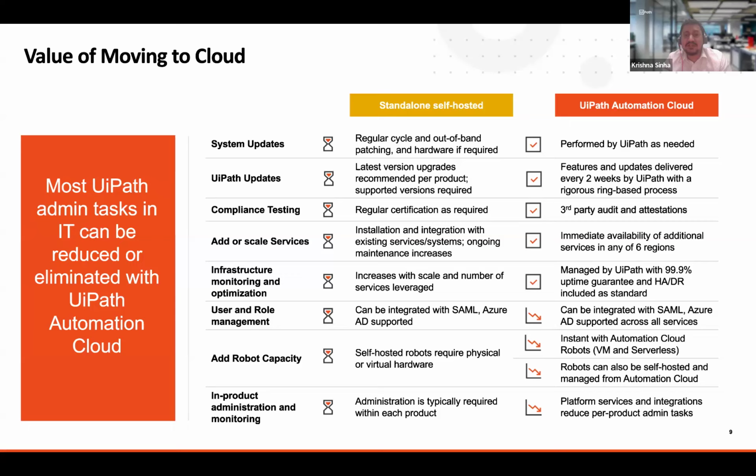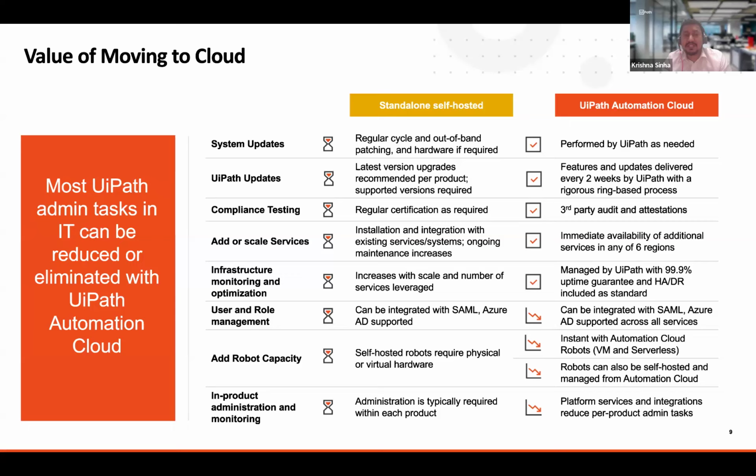Here, we can integrate SAML, Azure, AD, SSO, and other things across all services throughout the cloud. Adding robot capacity: in standalone we need physical or virtual hardware to deploy our robots. But in the cloud, we have a predefined functionality where you can just turn it on and get the VM for your robots and serverless VMs, and perform your operations there easily.